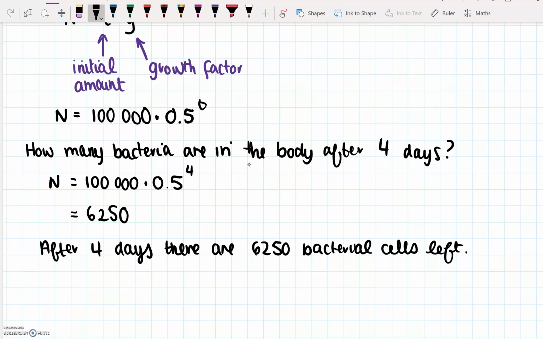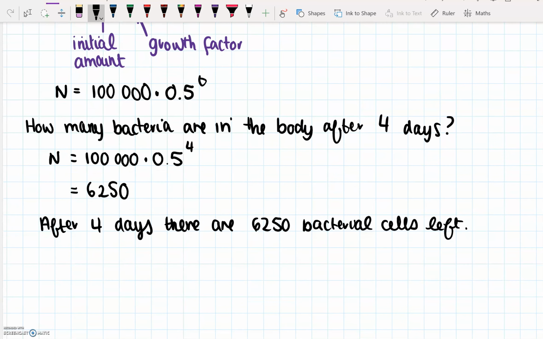Now, another type of question you are going to see, which is a little bit strange for these ones, is that they may ask, after how many days will there be less than 500 bacteria? Wow, I'm really terrible at writing today.